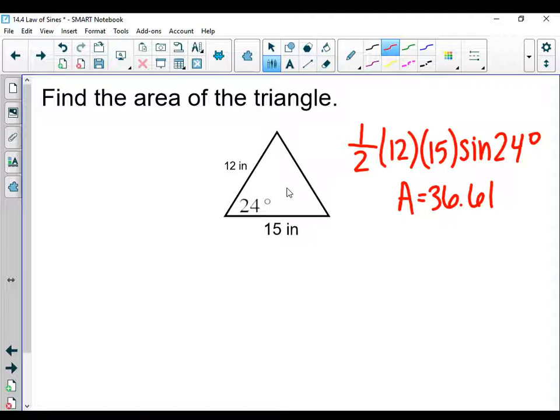Okay. So that's how we're going to find the area of a triangle when we're given two sides and an angle that has nothing to do with those two sides.